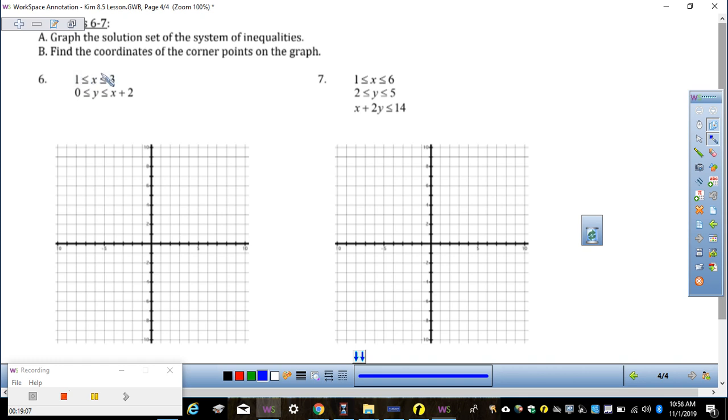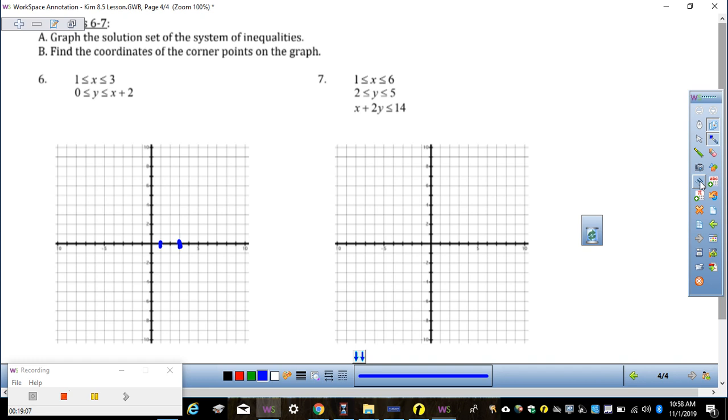If I cover up the 3, I see that x is greater than or equal to 1. These translate into vertical lines, kind of like our vertical asymptotes that we talked about back in chapter 3. So all I need to do is I need to find 1 on the x-axis and 3 on the x-axis. Both of these are going to be solid lines.